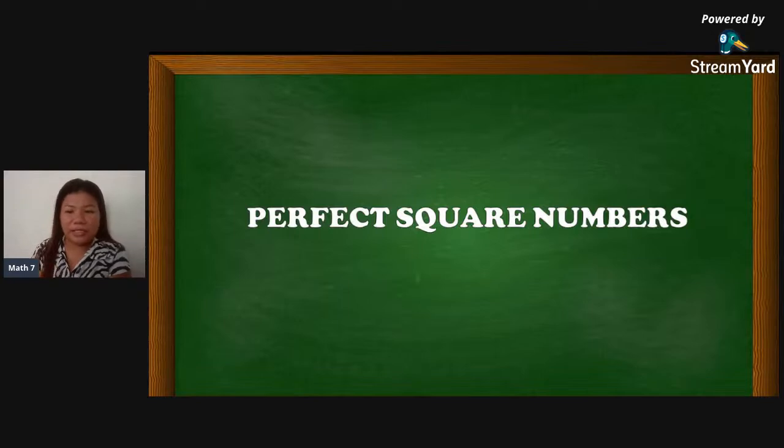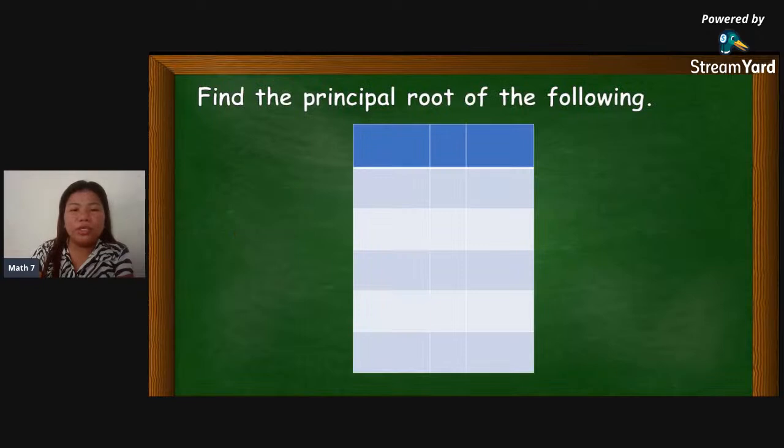So, type next kapag ready na sa activity number 2. Ulitin ko ha, type next. Very good. So, if we have here, activity 2, the direction is find the principal root of the following. Okay, konting throwback. When you say principal root, is it positive or negative?